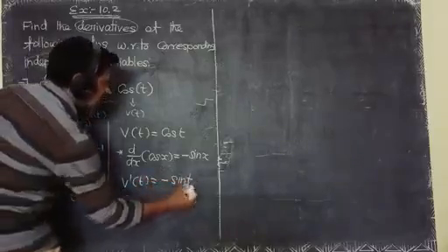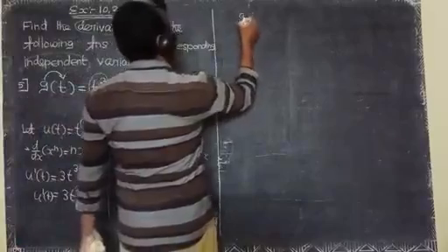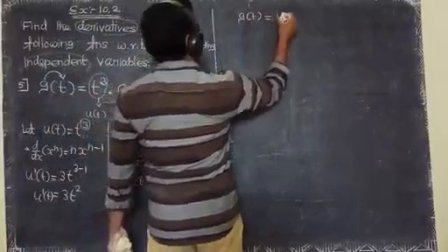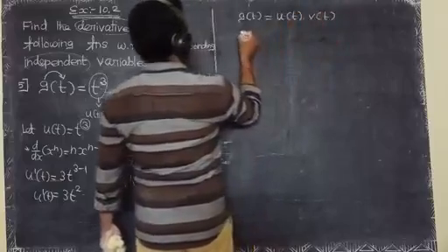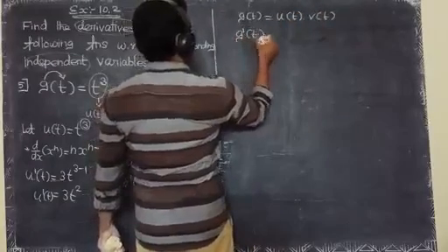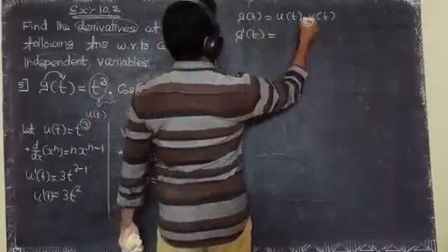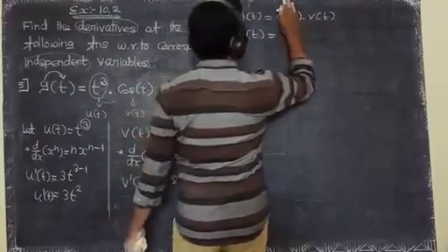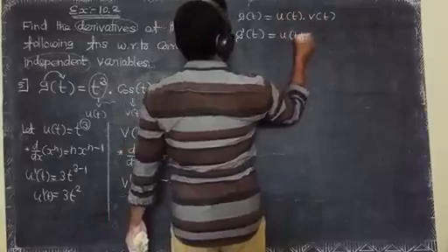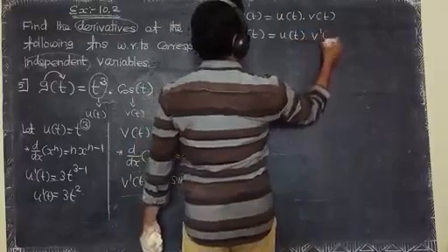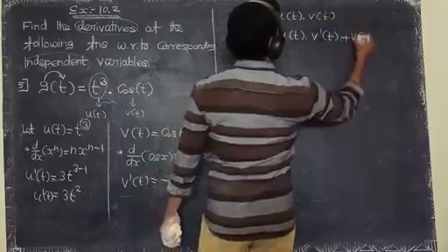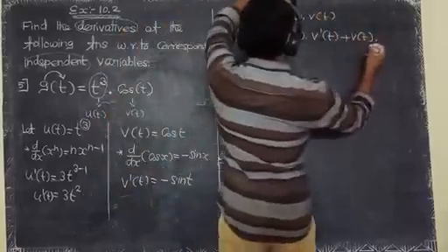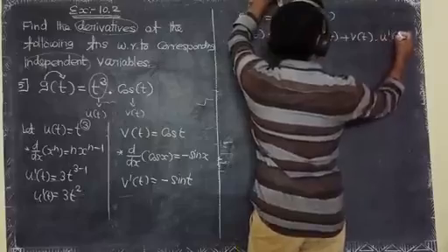Here g of t equals u of t into v of t. This is the given function. g dash of t, using the product rule: hide the function u of t, differentiate the function v dash of t, plus now hide the function v of t and differentiate the function u of t, that is u dash of t.